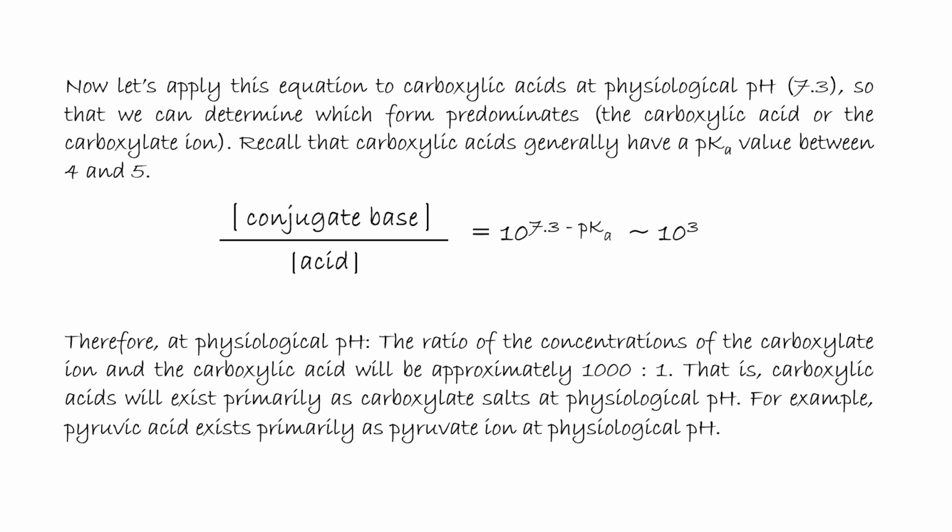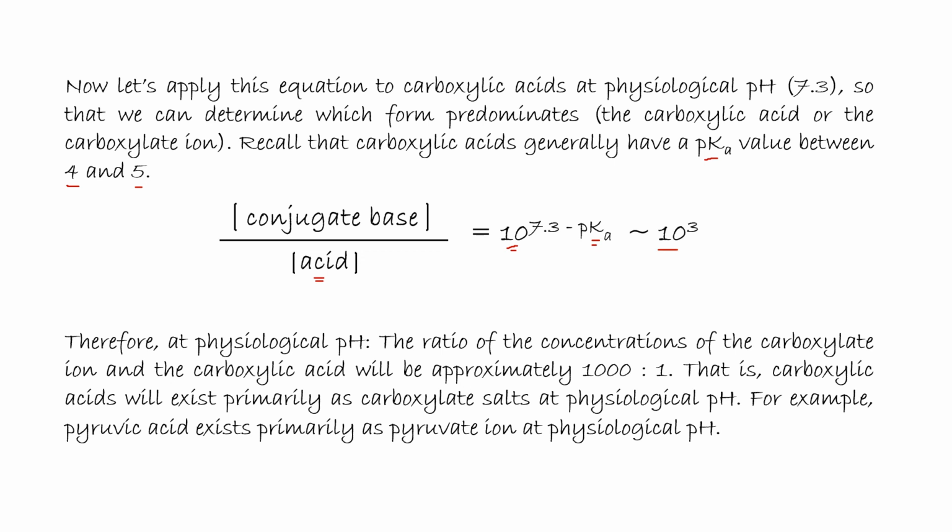Now let's apply this equation to carboxylic acids at physiological pH 7.3, so that we can determine which form predominates, the carboxylic acid or the carboxylate. Recall, carboxylic acids generally have pKa values of 4 to 5. So the concentration of conjugate base over the acid will be 10 to the power 7.3 minus pKa, which is around 10 to the power 3.